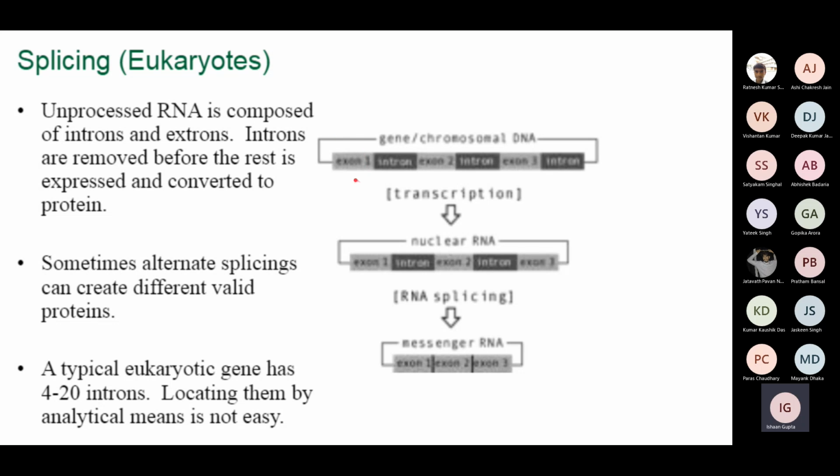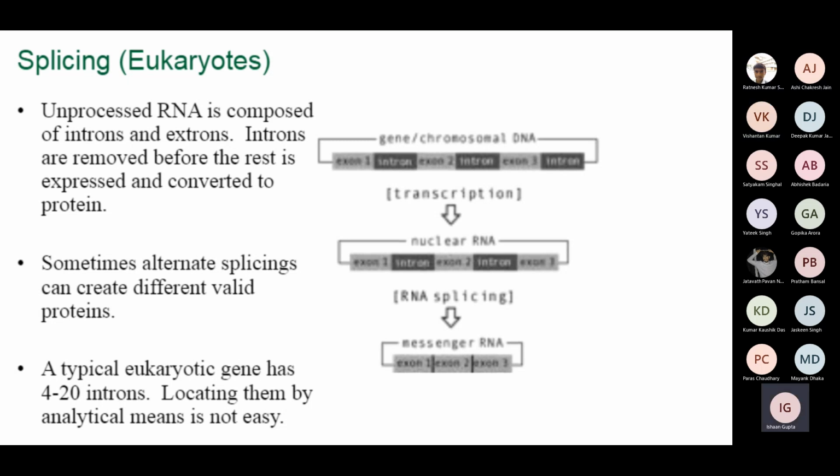So for example, if you have n exons, each exon can either be present in the final message or absent from the final message. So in principle, if you have n exons, you can have 2 to the power n different combinations of these exons, right? I hope everybody follows this.